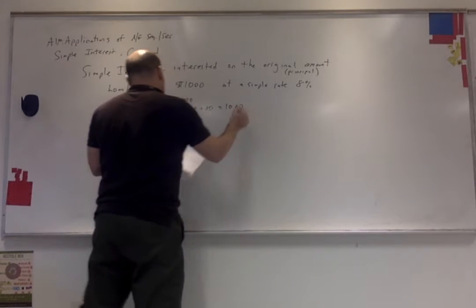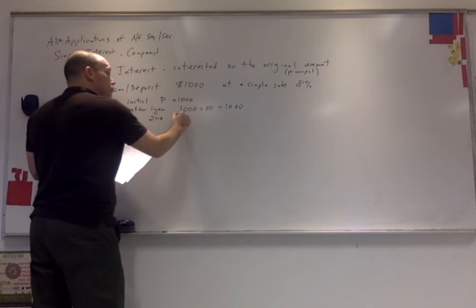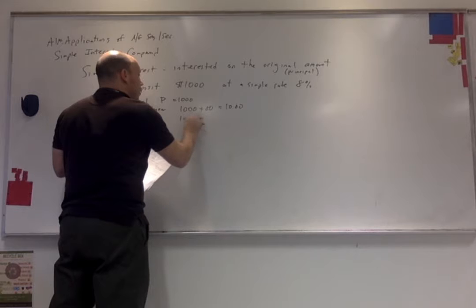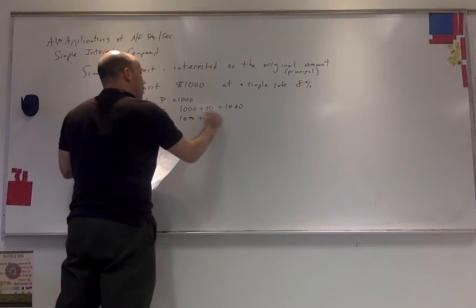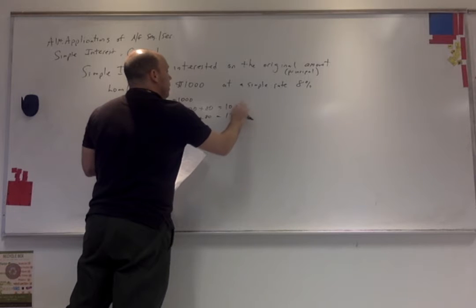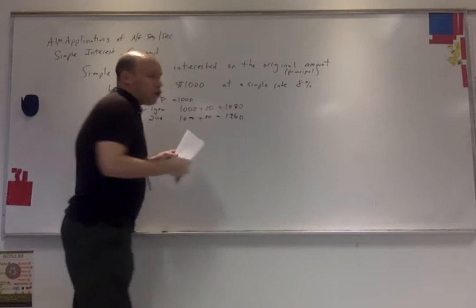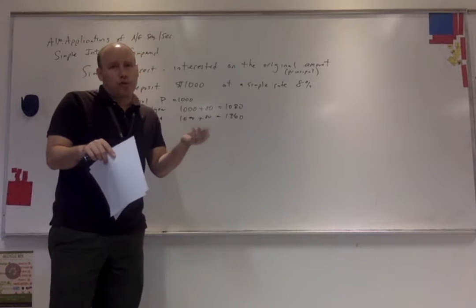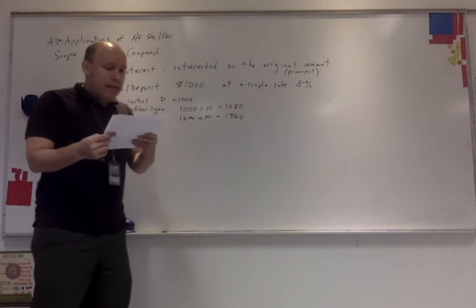Right? What happens after the second year? After the second year, either you gain another 80, or your loan is increased by 80. So once again, this is simple interest. It's not in the IB curriculum, but it's a way to start. So 80, 80, 80.